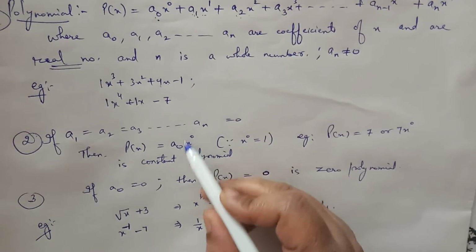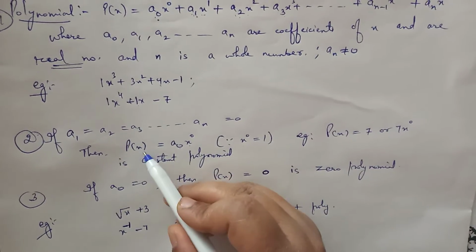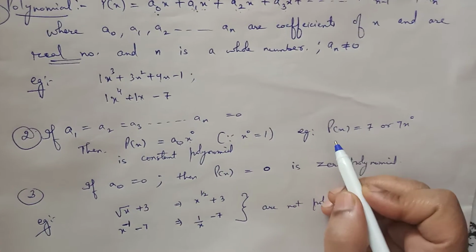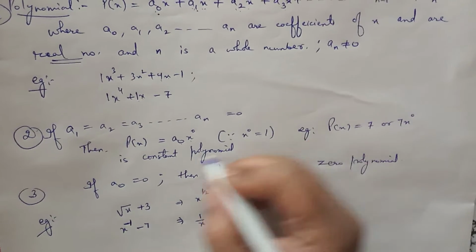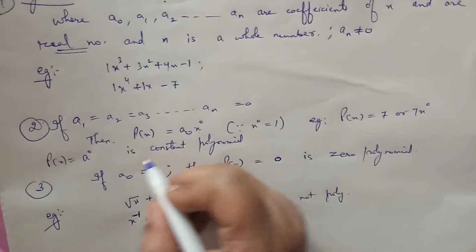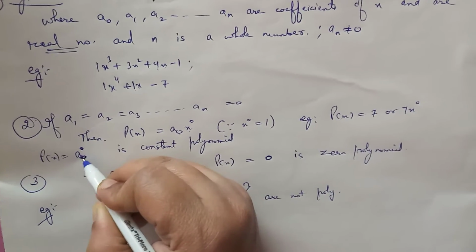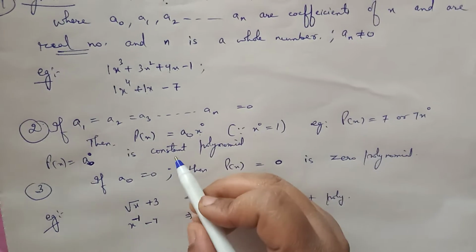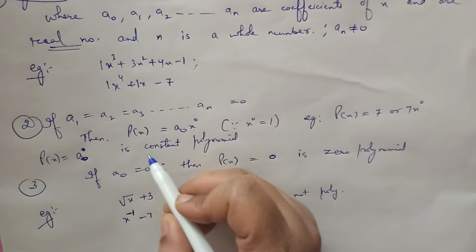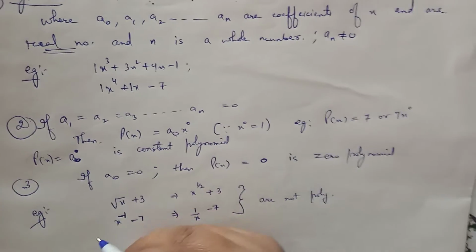That is because something power 0 is 1. So p(x) is equal to a0. It means a0 is a subscript, it is in the down subscript, not in the power. And it is a constant polynomial. We'll say p(x) is a constant polynomial.